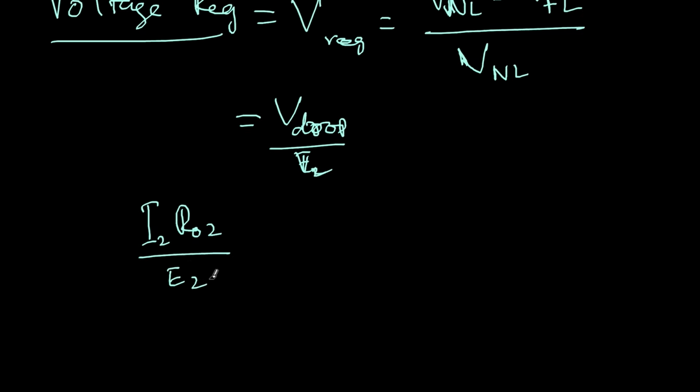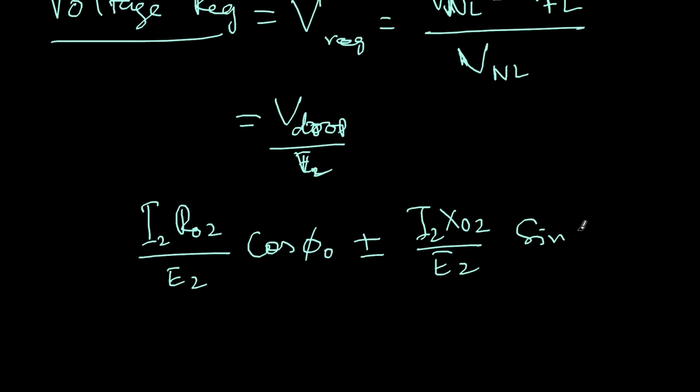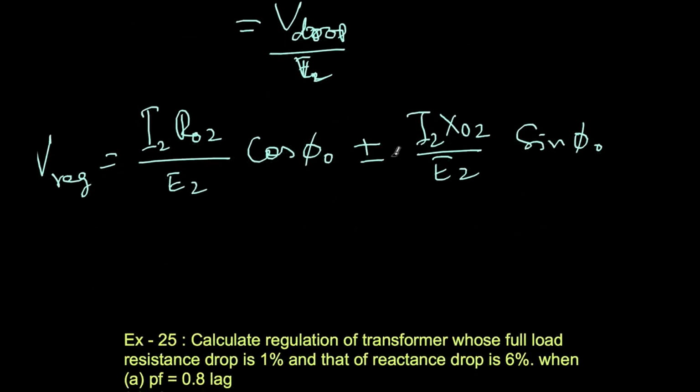So E2, or voltage at no load, and then cos of phi naught plus or minus I2 X naught 2 by E2 sine of phi naught. This is nothing but voltage regulation. Of course, you have to convert into percentage.